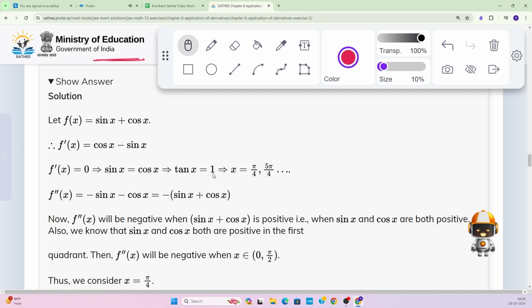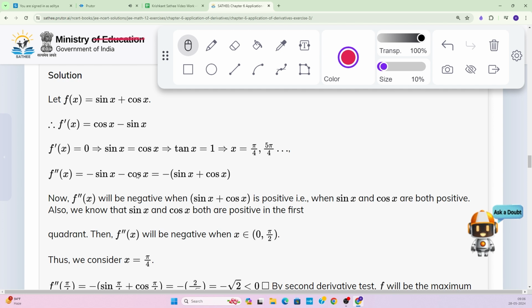Now tan x equals 1 means x equals pi by 4, 5 pi by 4, and so on. Now the second derivative gives you this. Now you know that f double prime will be negative when sin x and cos x are both positive. Also we know that sin x and cos x both are positive in the first quadrant.